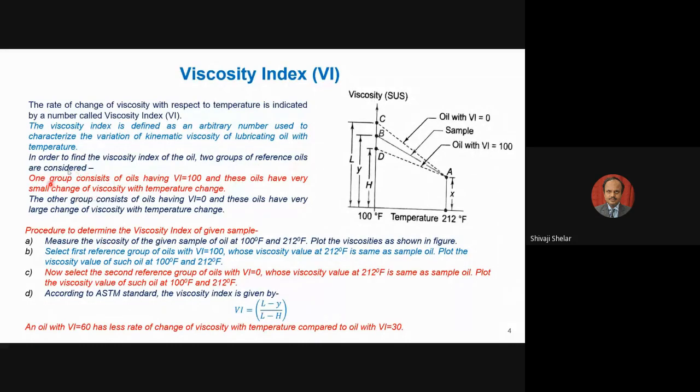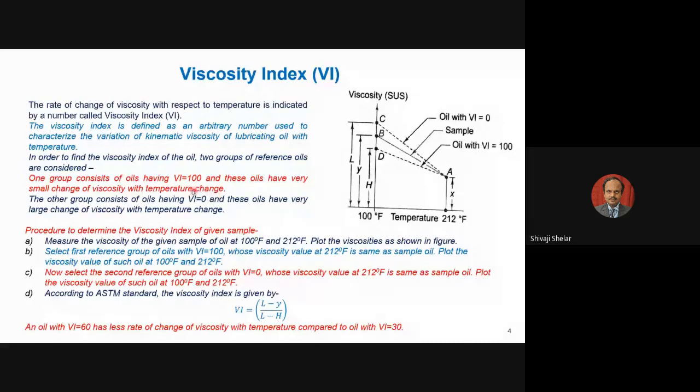What are these two groups? One group consists of oils having viscosity index 100. This will be called a reference oil, and these oils have very small change of viscosity with respect to temperature change.